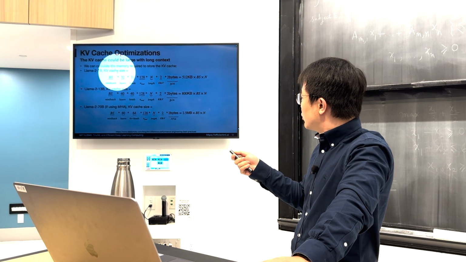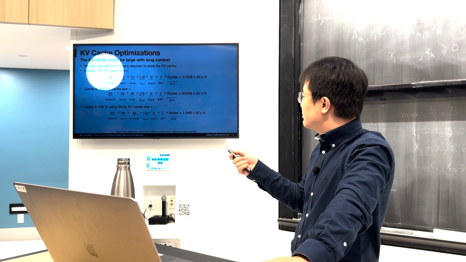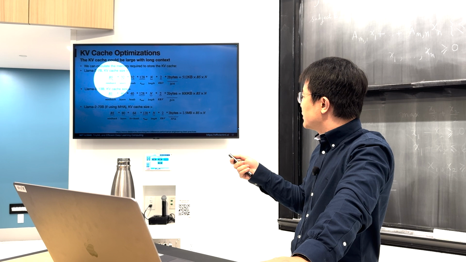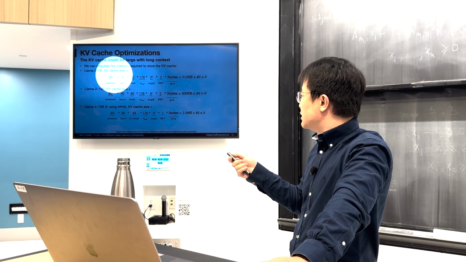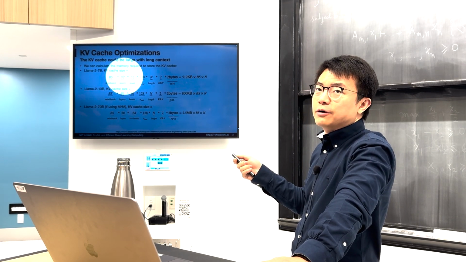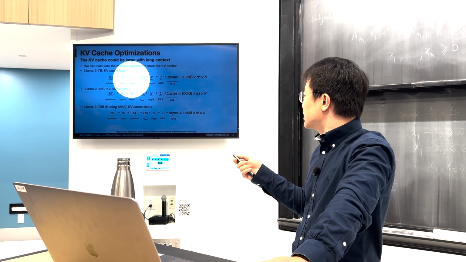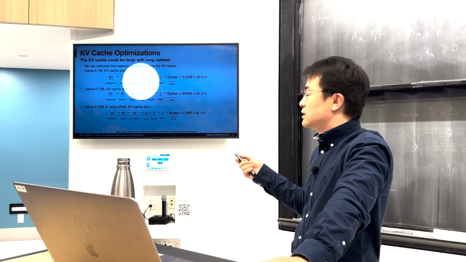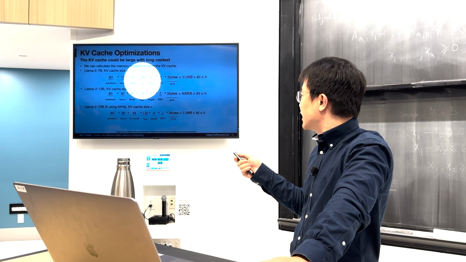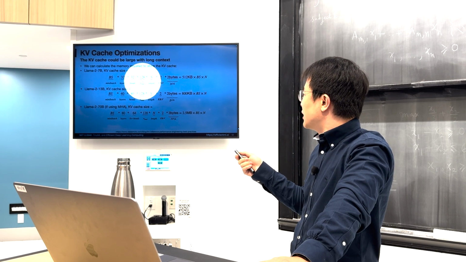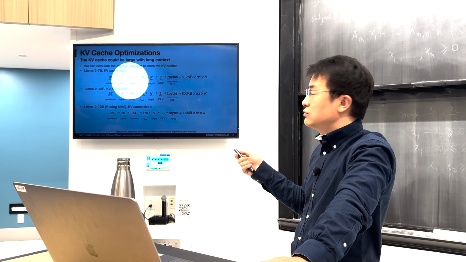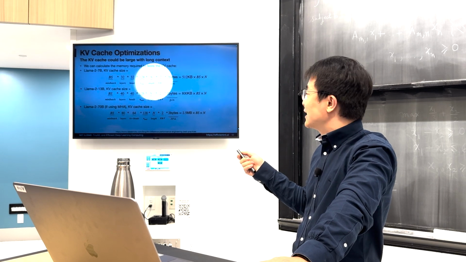We can calculate it this way, for example for Llama 2 7B. First, you multiply by the mini-batch size, and each layer has an independent KV cache. And this is the hidden dimension of the KV cache, like 128 for each head. So 128 multiplied by 32 heads, altogether we have a 4K hidden dimension.